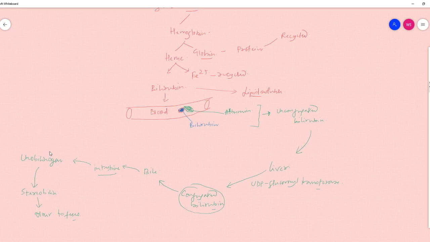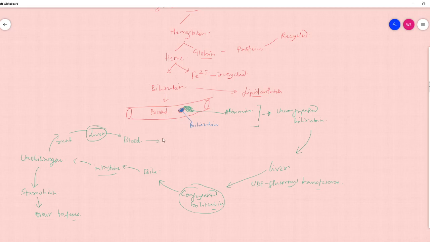Part of this urobilinogen is reabsorbed into the liver, and it is transported into the blood.